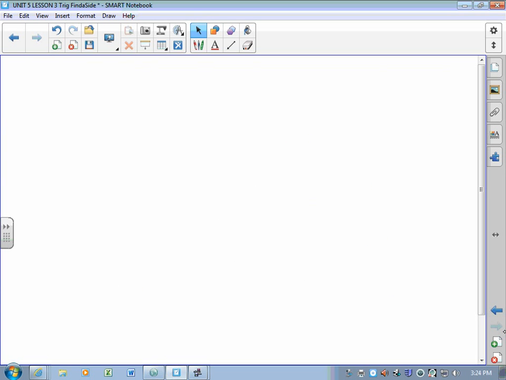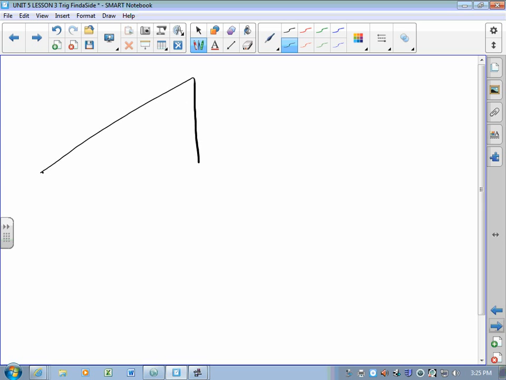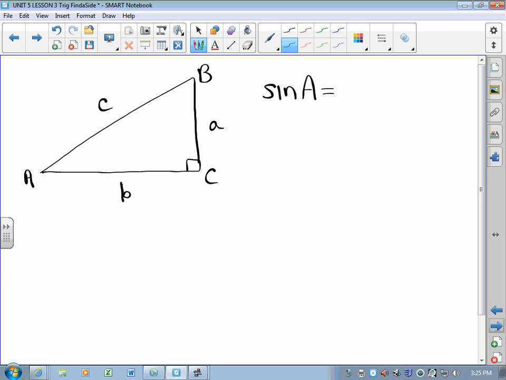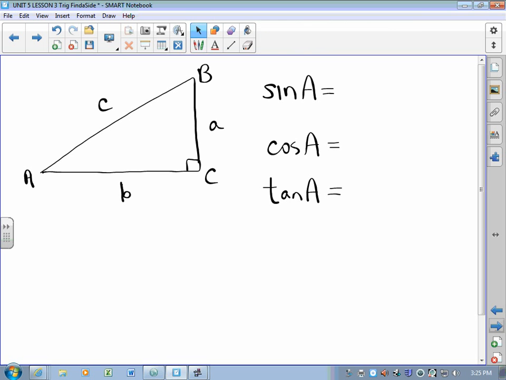That's a big deal, which means that when I look at this right triangle with this angle A, C is the right angle, the lengths of the sides are little a, little b, and little c, and we name those because little a is opposite capital A, little b is opposite capital B, and little c is opposite capital C. We can always know how to express the sine of A, the cosine of A, and the tangent of A. The sine of angle A, by definition, is a over c.